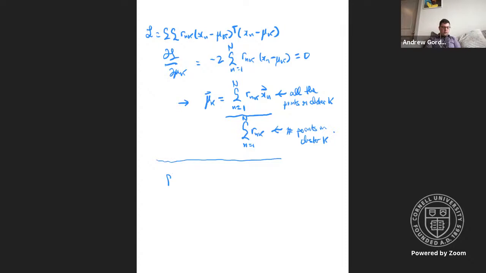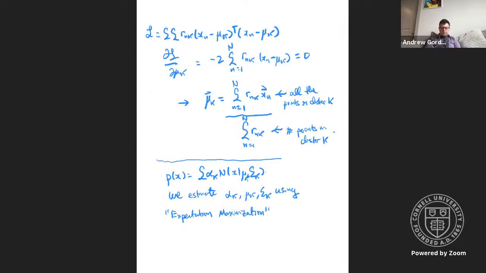So if we assume that p of x equals the sum of alpha k times N of x given mu k, sigma k, and we estimate alpha k, mu k, sigma k using an algorithm for maximum likelihood called expectation maximization, and you make a further assumption that the sigma k are just equal to a scaled identity, all scaled in the same way, like say gamma I, then we recover exactly the same algorithm for k-means clustering.